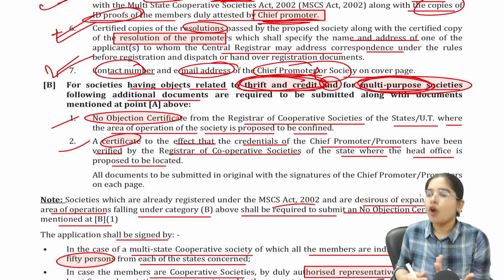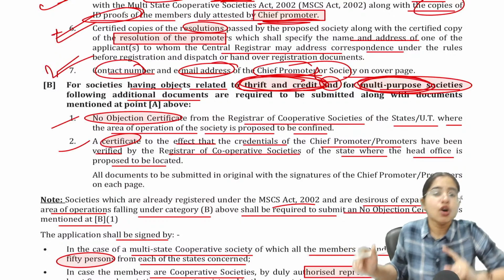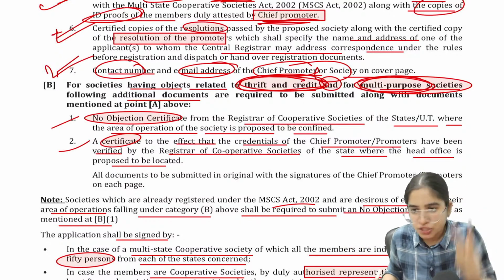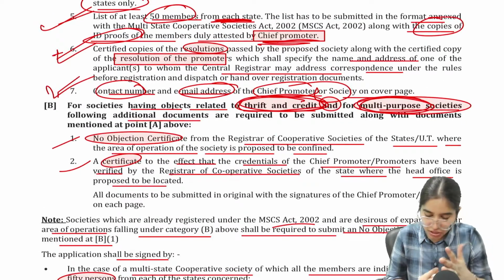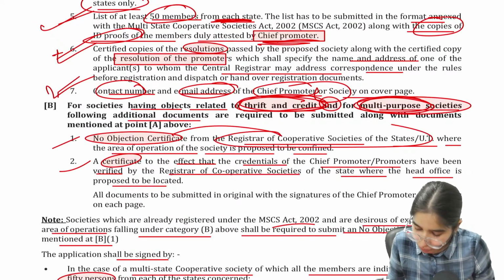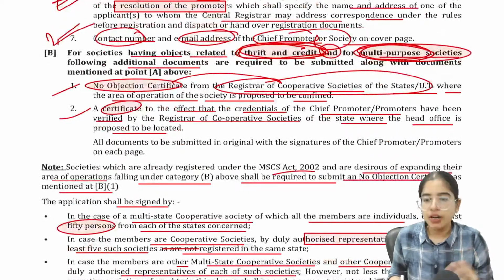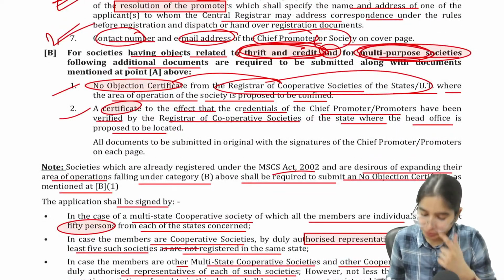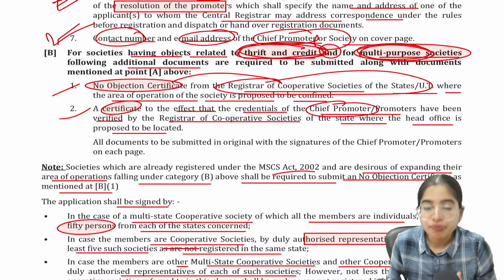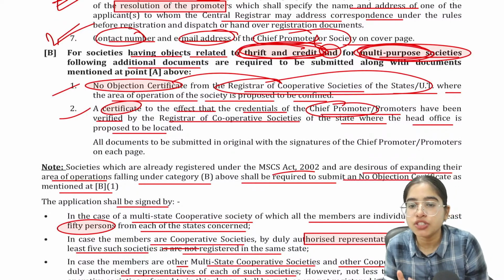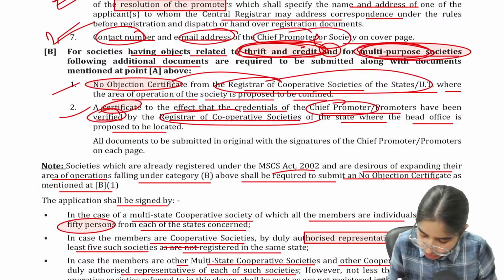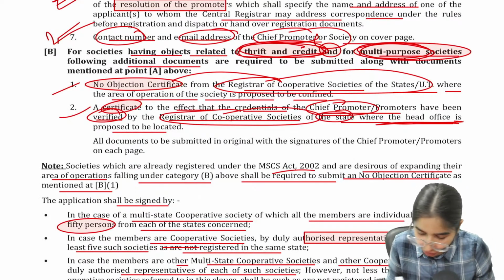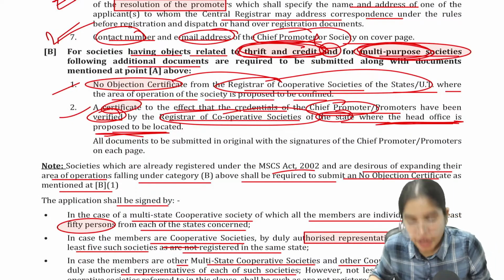So if you're forming a cooperative society either for multiple purposes or for credit purposes, then 2 additional documents are required. Number 1, NOC from the Registrar of Cooperative Societies of your state. Number 2, you have to get a certificate from the chief promoter, which should be verified by the Registrar of Cooperative Societies of the state where the head office is situated.